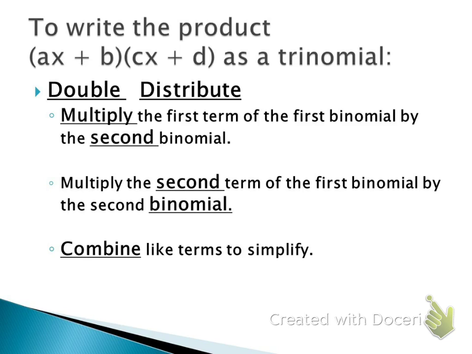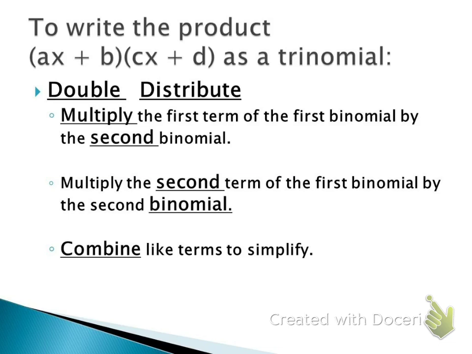Double distribute. What that means is that we multiply the first term of the first binomial by the whole second binomial. So if I'm going to use this ax plus b that they put up here, what's the first term of the first binomial? Keon? Ax.